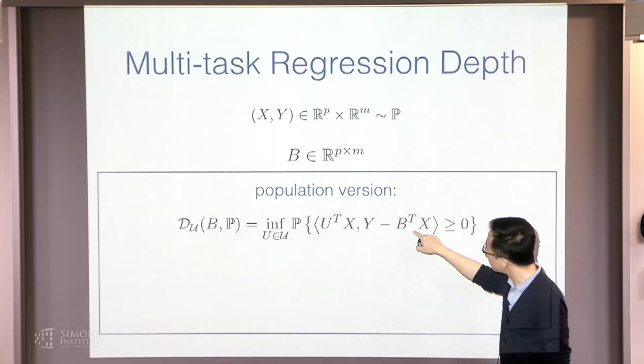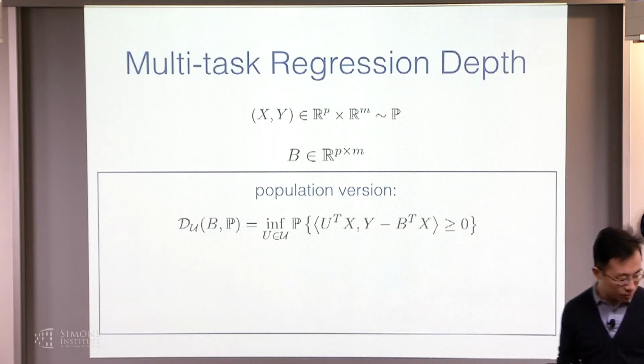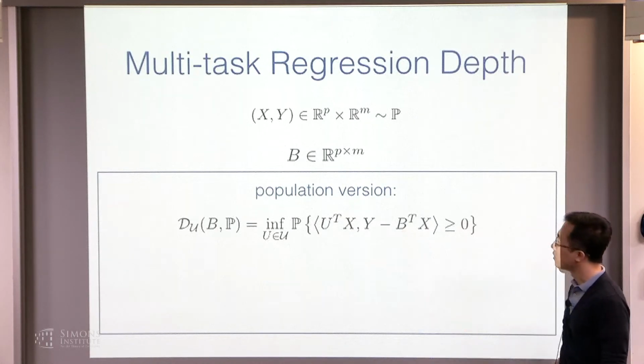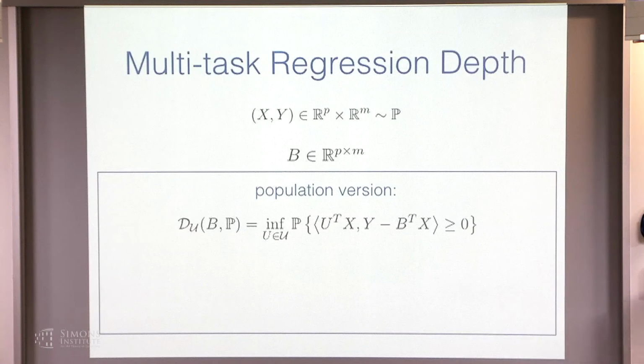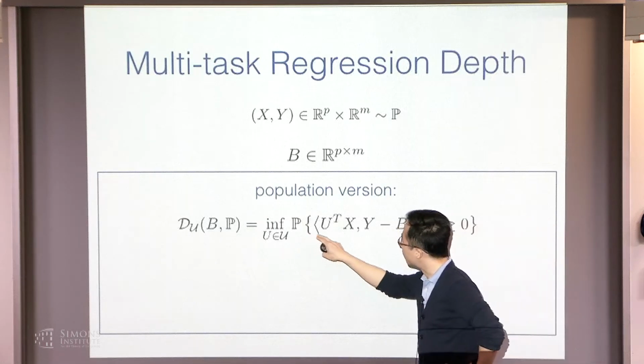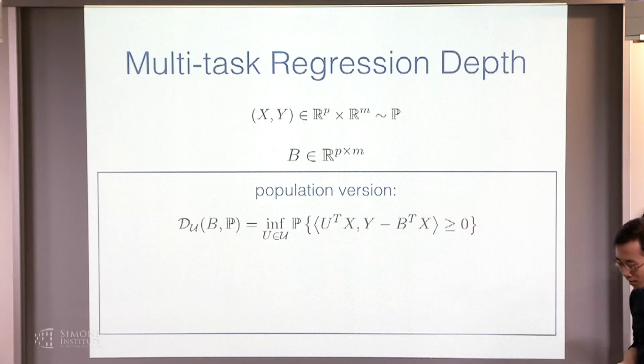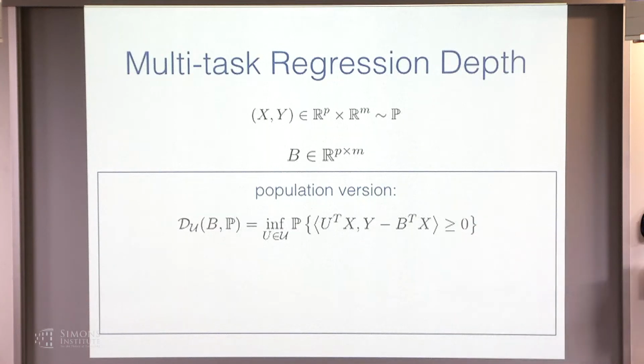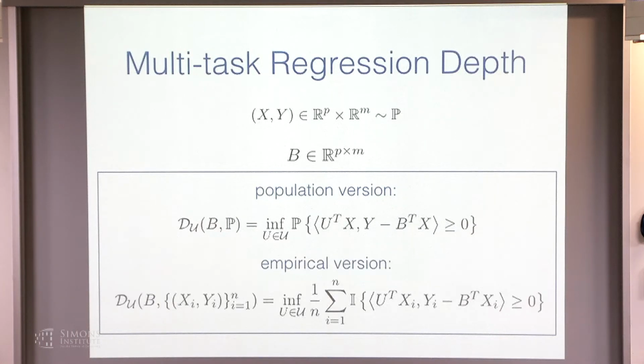Y minus B transpose X is just the residual that you can calculate by fitting the linear model using this matrix B. And then the population version of this multitask regression depth function is defined to be the infimum over U of the probability that the inner product between U transpose X and the residual is greater than or equal to 0. And then if you replace this probability by the empirical measure, then you get the empirical version of the depth function. Right, so this is a more general version of depth compared with Tukey's depth and regression depth.